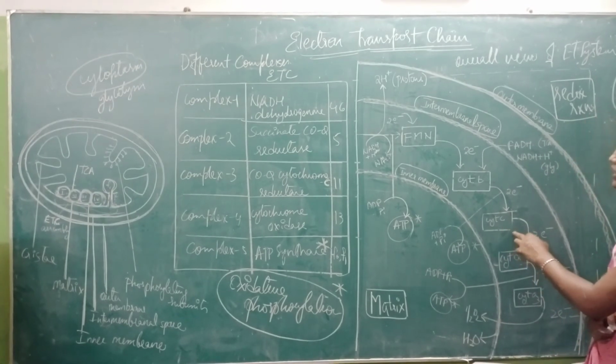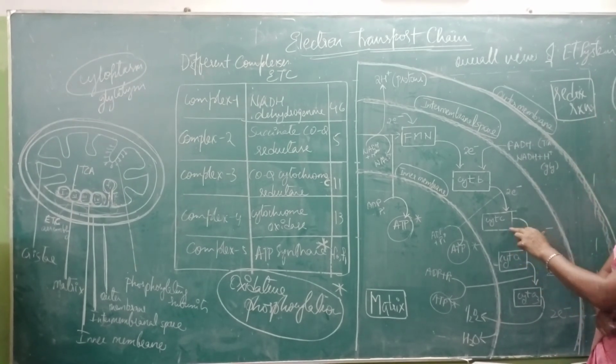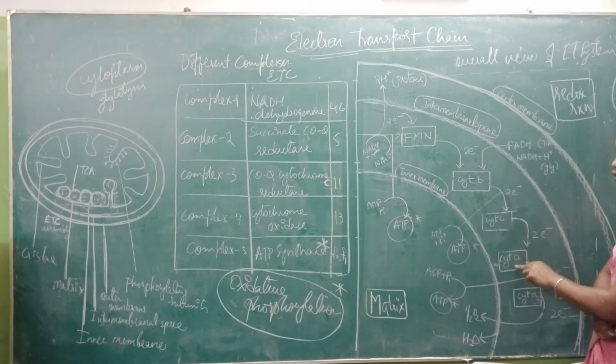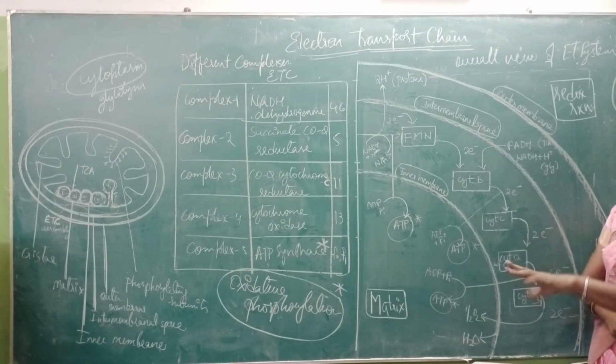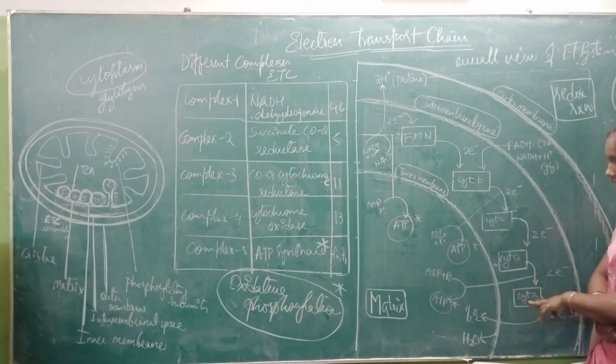Next, cytochrome C will lose 2 electrons, so it is converted into oxidized form, and cytochrome A is converted into reduced form. Now cytochrome A will again lose 2 electrons to cytochrome A3, and hence this is converted into oxidized form, and cytochrome A3 is reduced form.